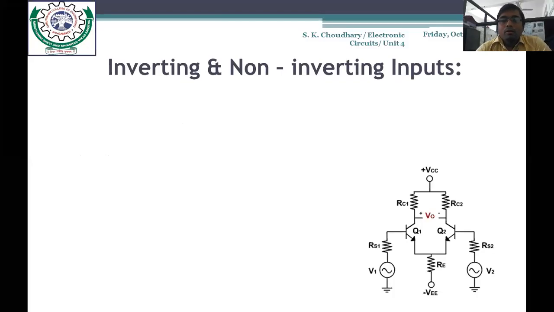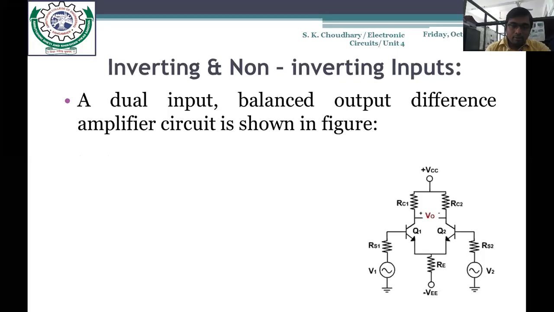Now the next point we have to take is differential amplifier inputs. We know that we are using this circuitry, that is balanced input, balanced output. So there are two input terminals. First is here and second is here. The voltage is V1 at terminal 1 and at terminal 2 V2 is the input voltage.